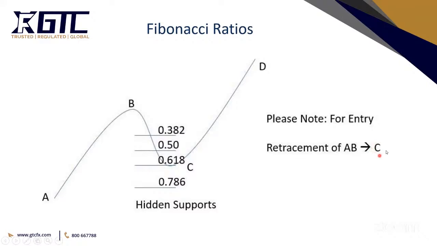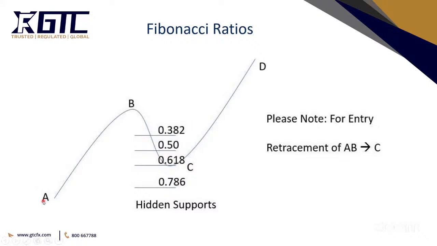That means our entry point is C, correct? So for C, we need to find out the retracement of the AB boundary. And the four levels of retracements, the shortcut to remember, are 3, 5, 6, and 7. I repeat, 3, 5, 6, and 7. It stands for 38%, 50%, 0.618, and 0.786.